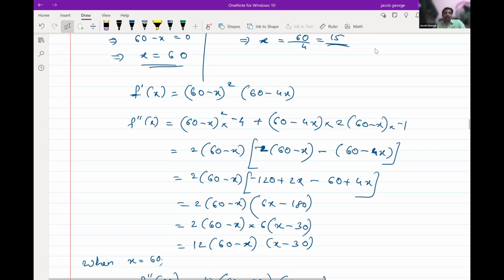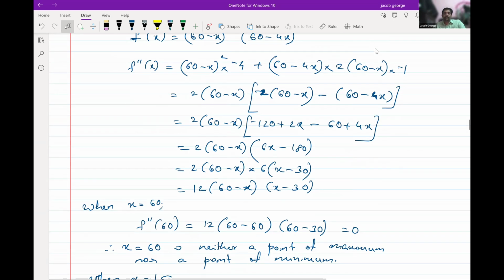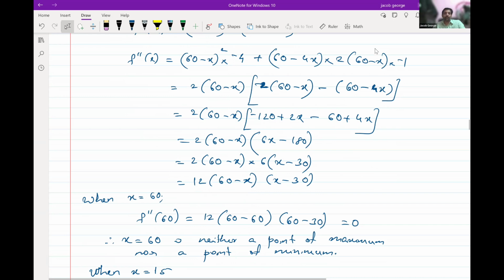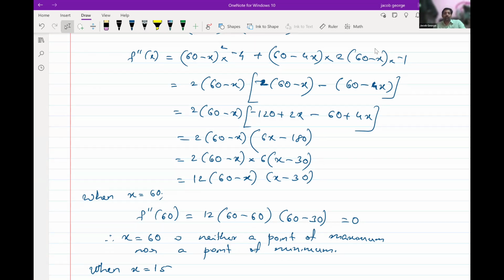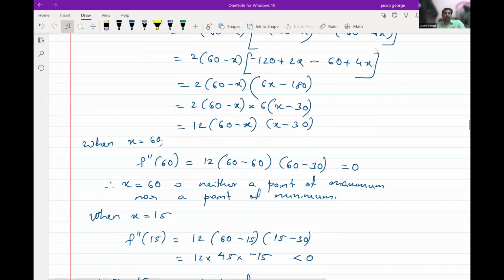Here, when we substitute x is 60, we get the second order derivative 0. So it is neither a point of maximum nor a point of minimum. Then from 15 we get f double dash x negative. So please substitute the two values, 60 and then 15.